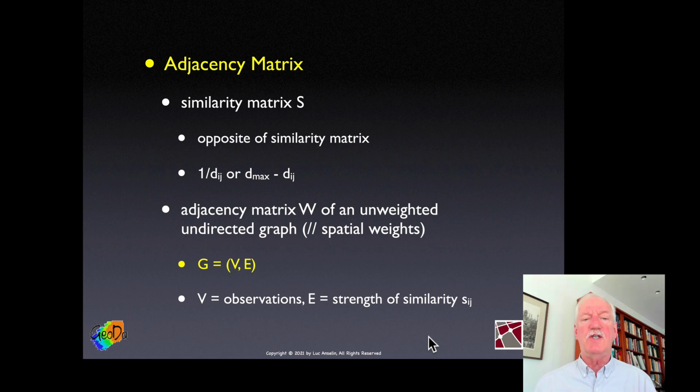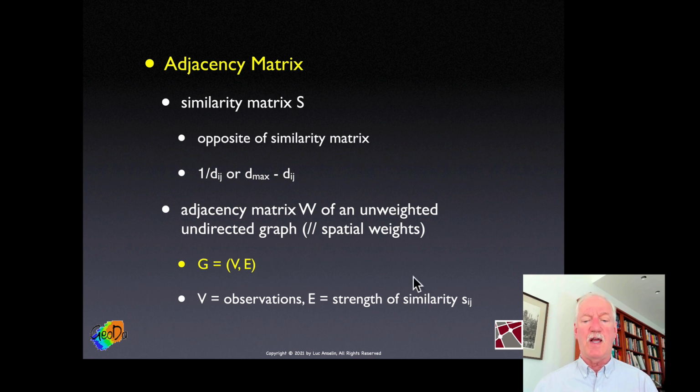And an adjacency matrix is something we've already encountered when we talked about spatial weights in the context of spatial autocorrelation. And the way to think about the data, and we've already seen forms of this before, is as a graph consisting of nodes, these are the observations, and edges, these are the connections between the observations.